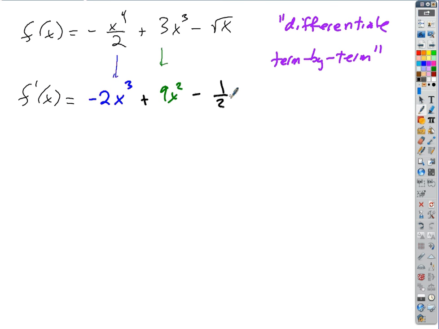Would that become 1/2 x to the negative 1/2? And a negative 1/2 is just the square root on the bottom, isn't it? Right? You see that? Okay.